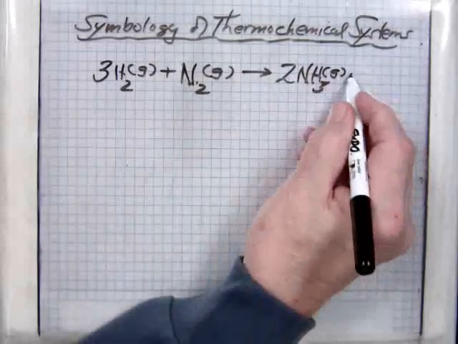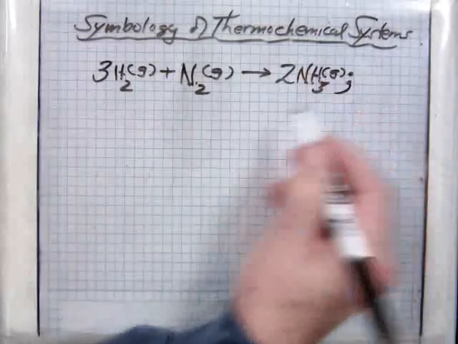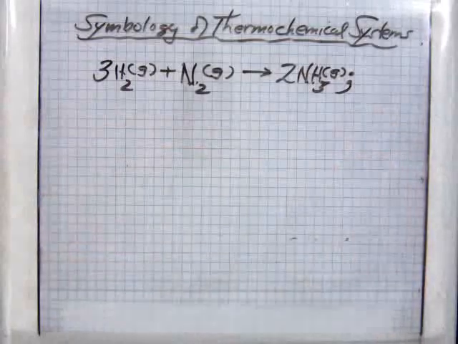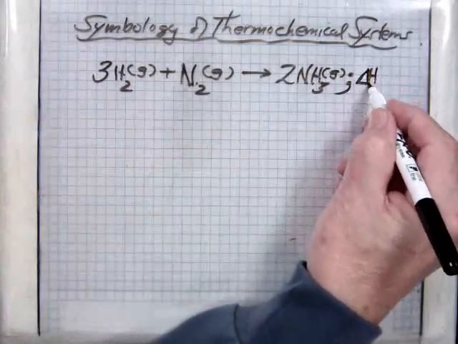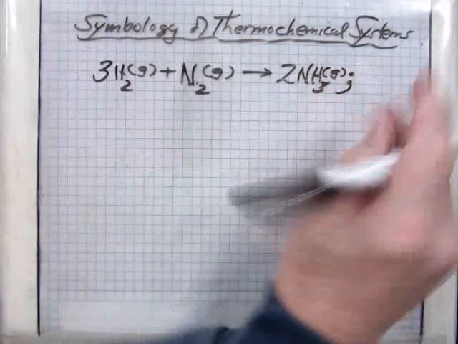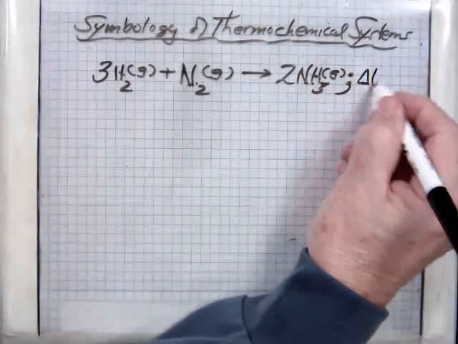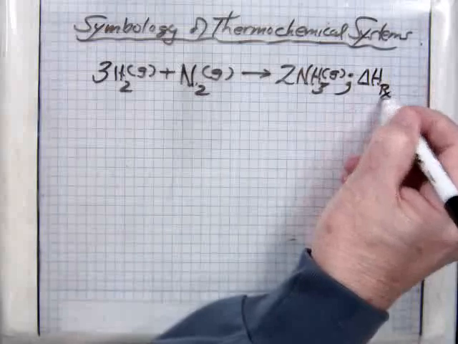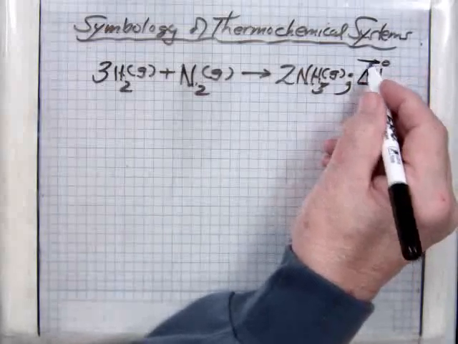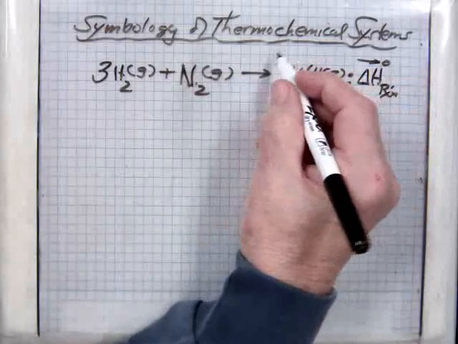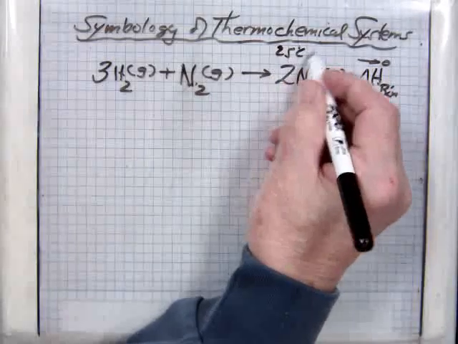And the way we note this, one way to note it is we put a semicolon and we write a delta H out here. It's called enthalpy. Subscript reaction, and I have a little circle up here, and that refers to standard thermodynamic conditions, 25 degrees C and 1 atmosphere.